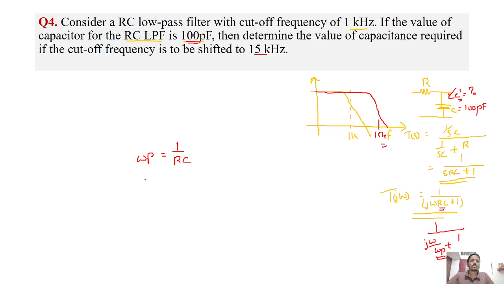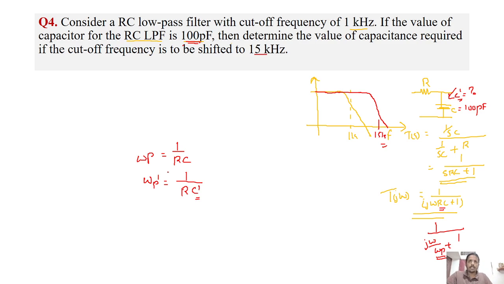Okay, so what is the new frequency omega p dash? That is 15 kilohertz, right? I mean fp dash is 15 kilohertz. We will just replace this capacitor with a new capacitor C dash. So the new frequency we can write as omega p dash equal to 1 by R C dash, with the new capacitance.